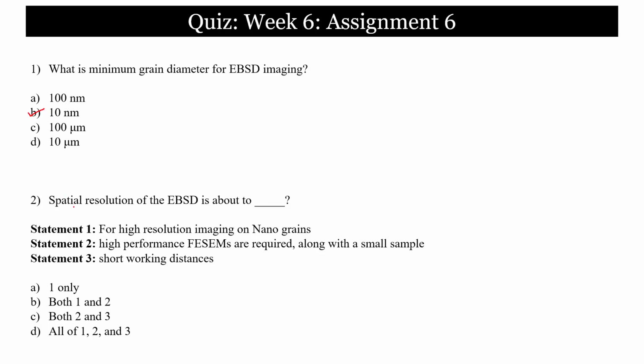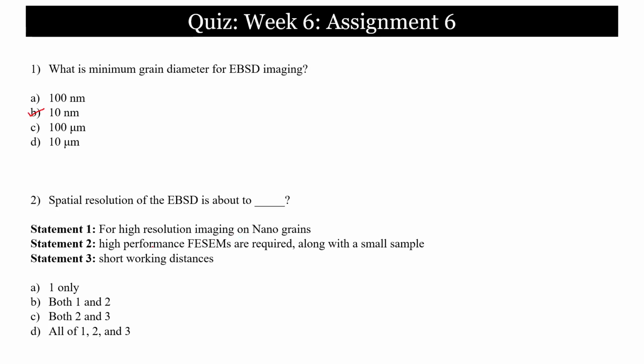The second question says that the spatial resolution of the EBSD is about dash. Statement 1 says for high resolution imaging on nanograins.